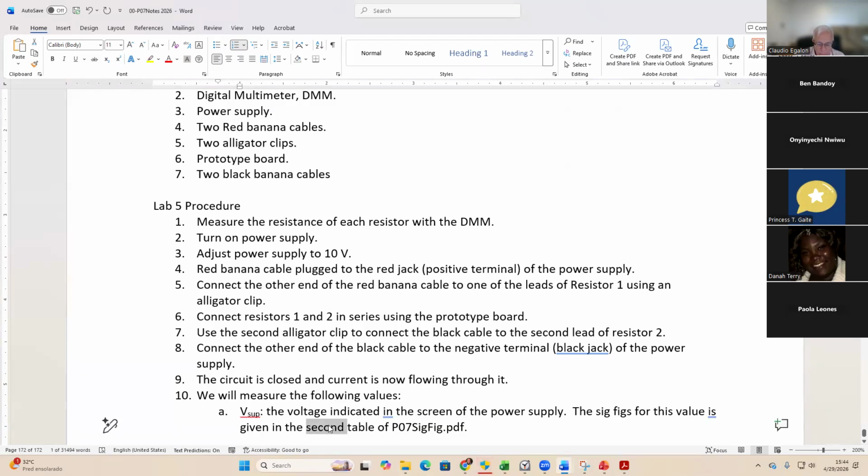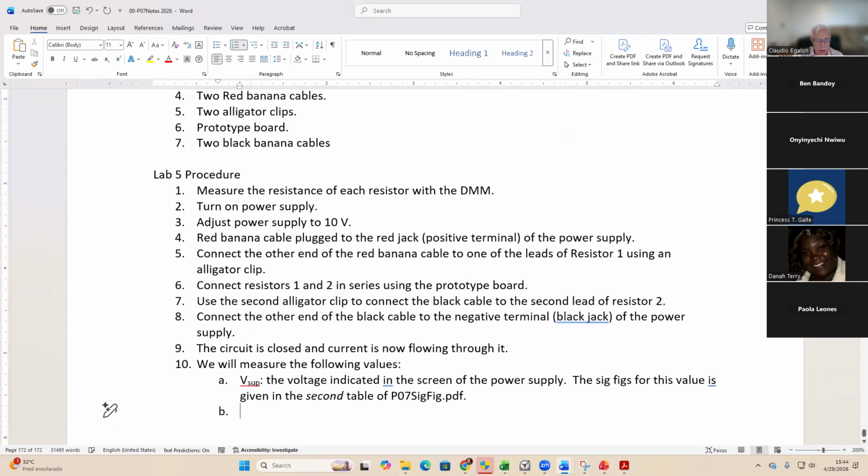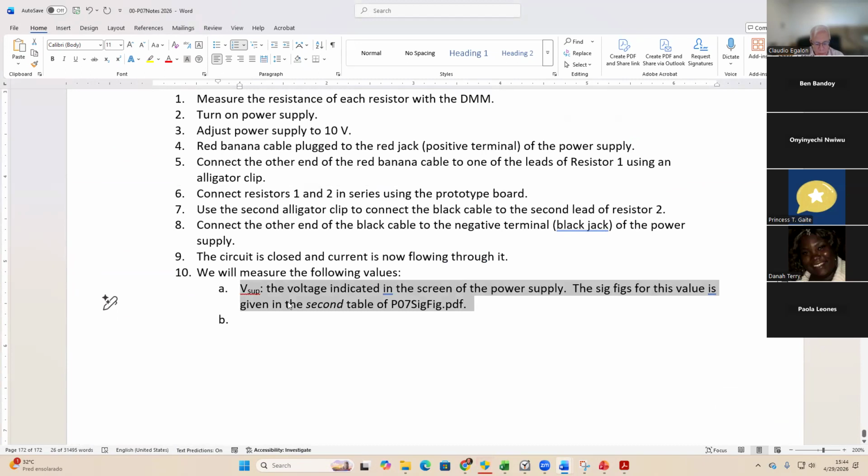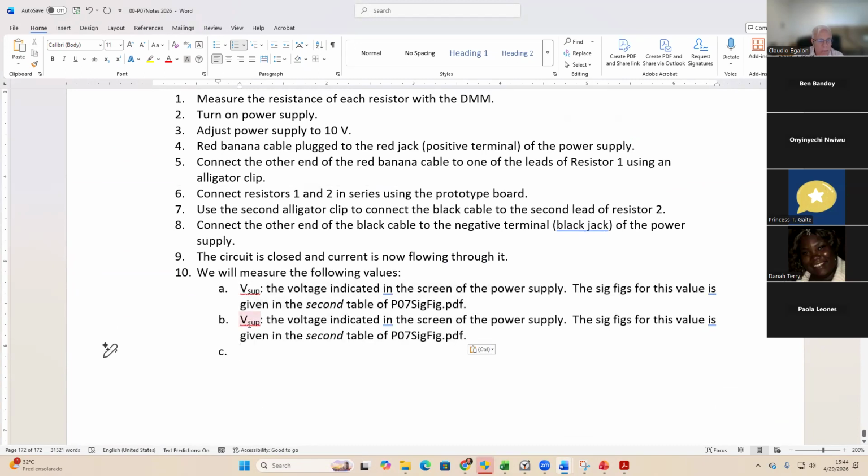Now we're going to measure V total, the voltage indicated in the screen of the DMM.